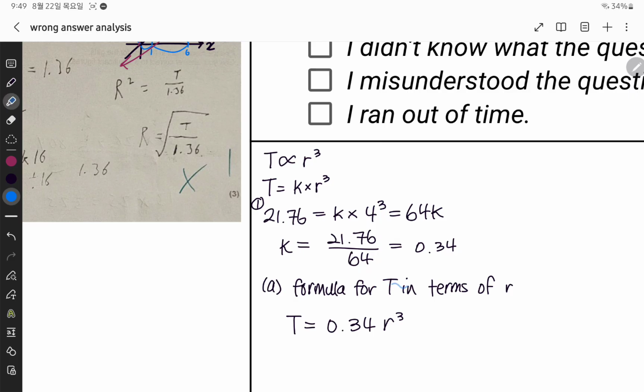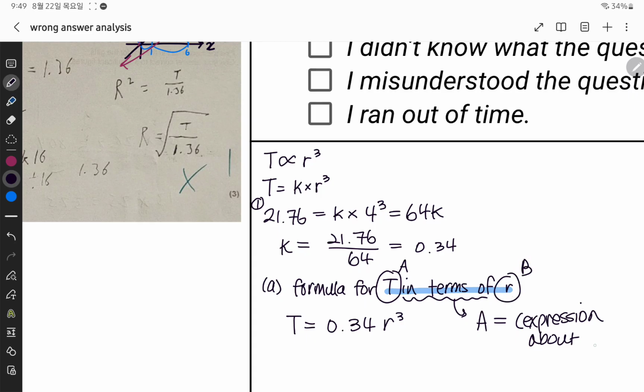Well, I check that it is t in terms of r. So what does it mean to have something in terms of something else? When I say in terms of, it's the one that's in front. I'm going to call that a. So a equals an expression about b.